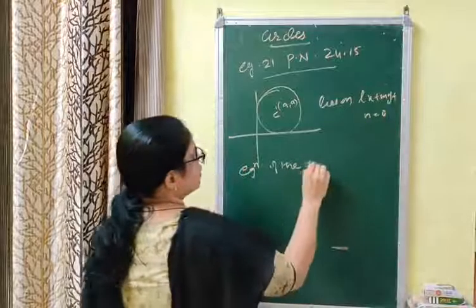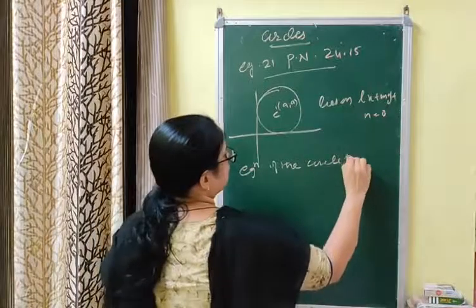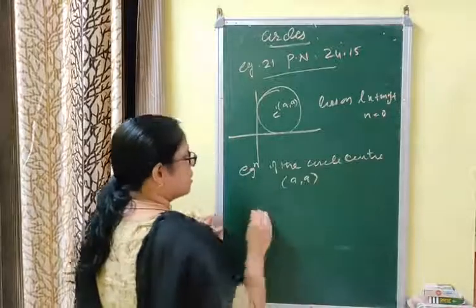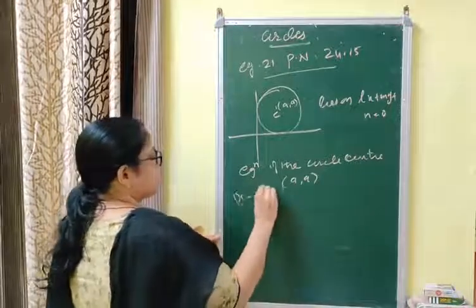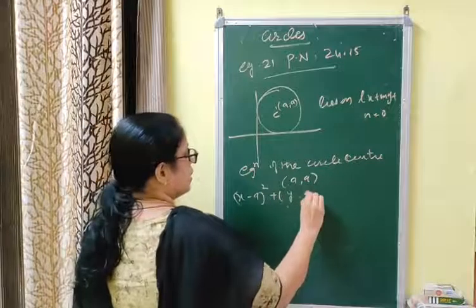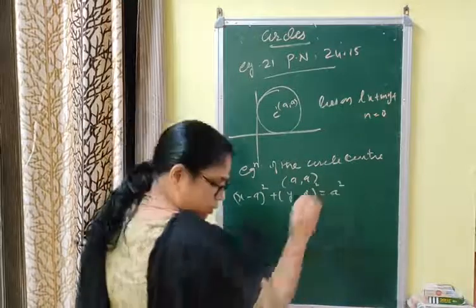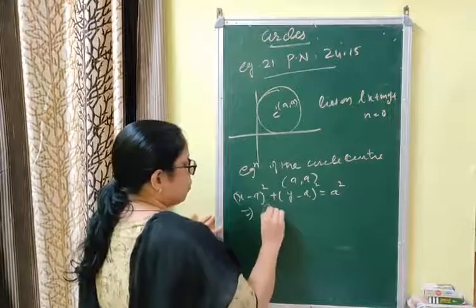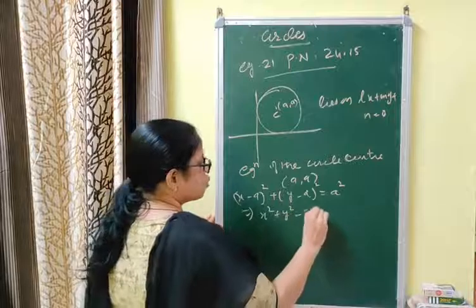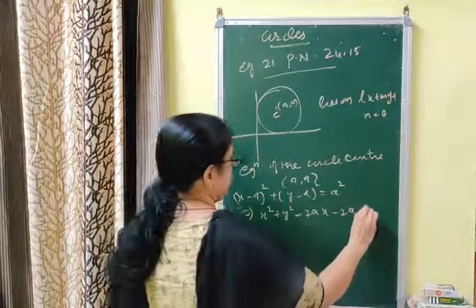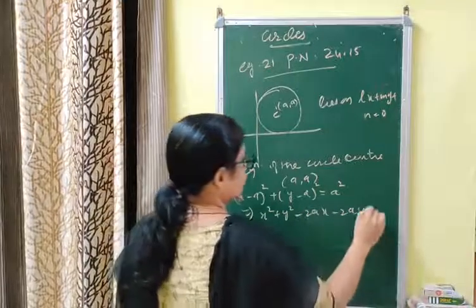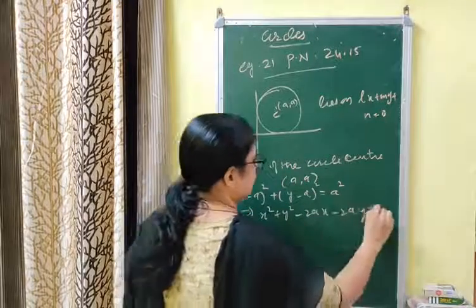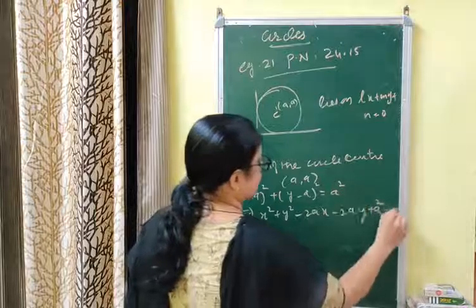Now the equation of the circle with center (a, a) and radius a is (x minus a) whole square plus (y minus a) whole square is equal to a square. If you solve it, you get x square plus y square minus 2ax minus 2ay plus 2a square minus a square, that is a square, equal to 0.